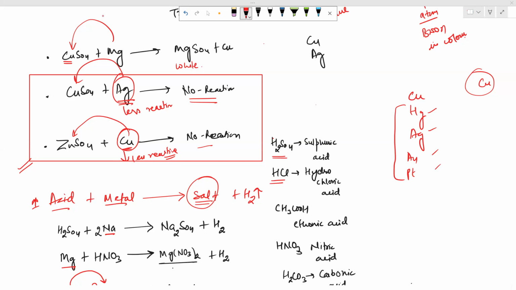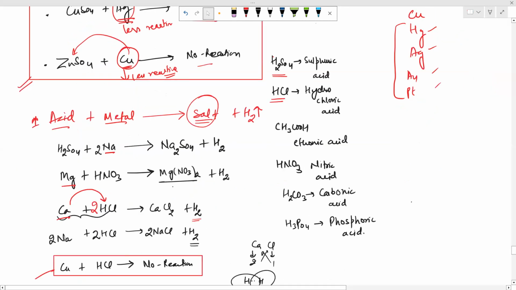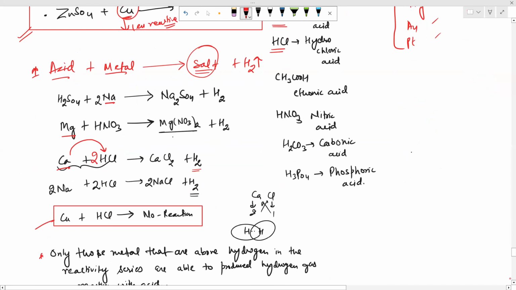Okay. Now moving to the next part: acids when they react with metals produce salt plus hydrogen gas, and it is also a displacement reaction.